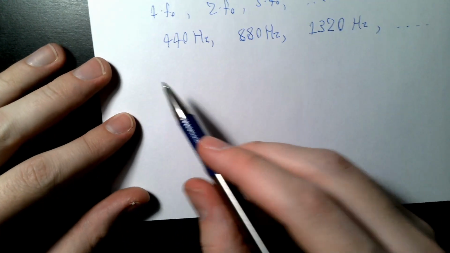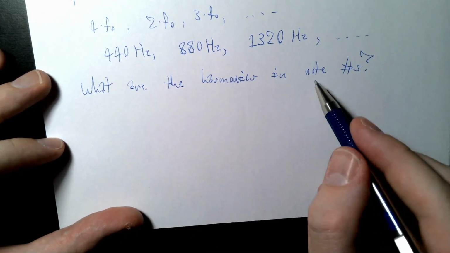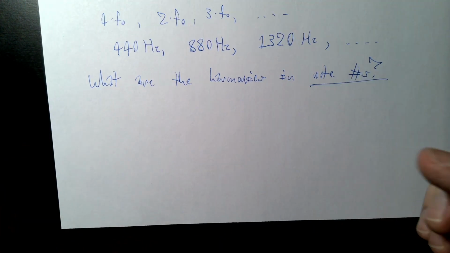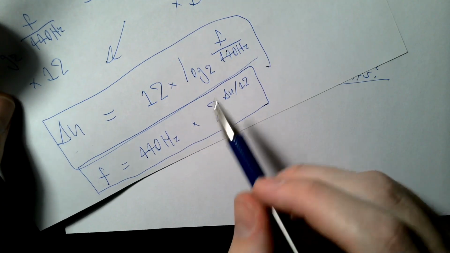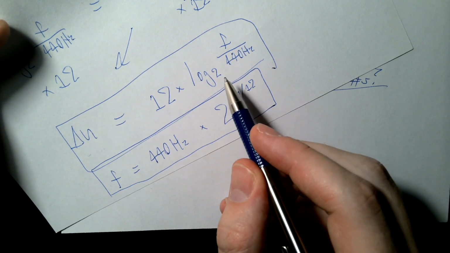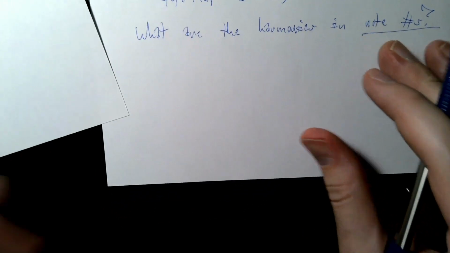Okay, well, what are the harmonics in note numbers instead of frequencies in hertz? The answer is, we take these and use these equations on them. In this case, we want this equation, 12 times log base 2 of the frequency divided by 440.